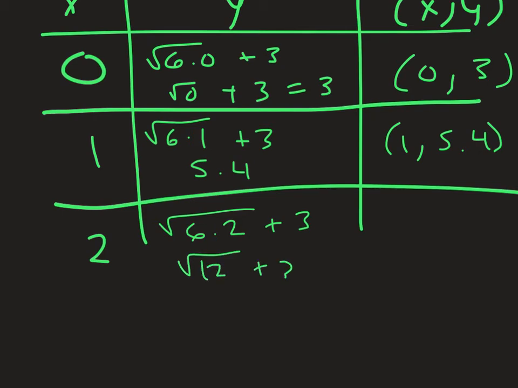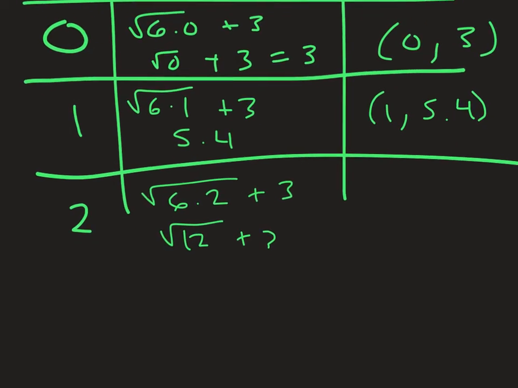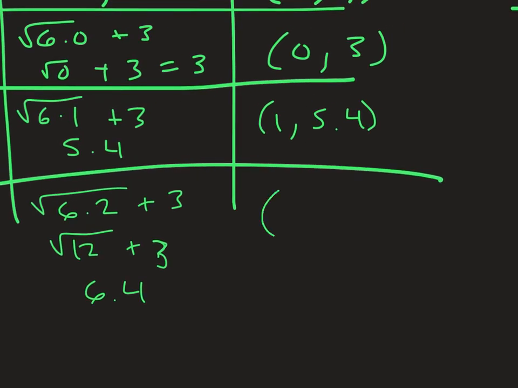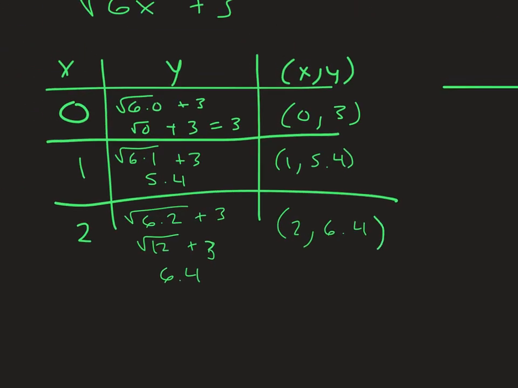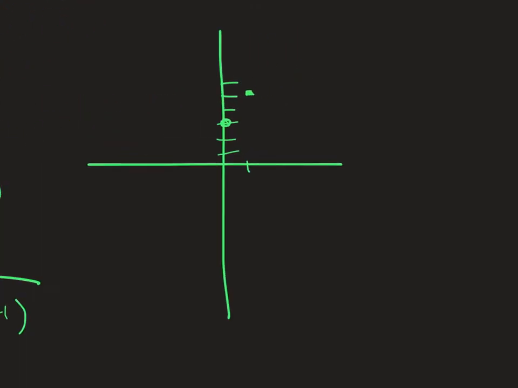So the square root of 12 is 3.4. And 3.4 plus 3 would be 6.4. So we plug in 2, we get 6.4. Now in the last class when I did this problem, we plugged in 6 because 6 times 6 under our square root was 6. So when we plugged in 6, we got 9. So you can plug in anything you want.